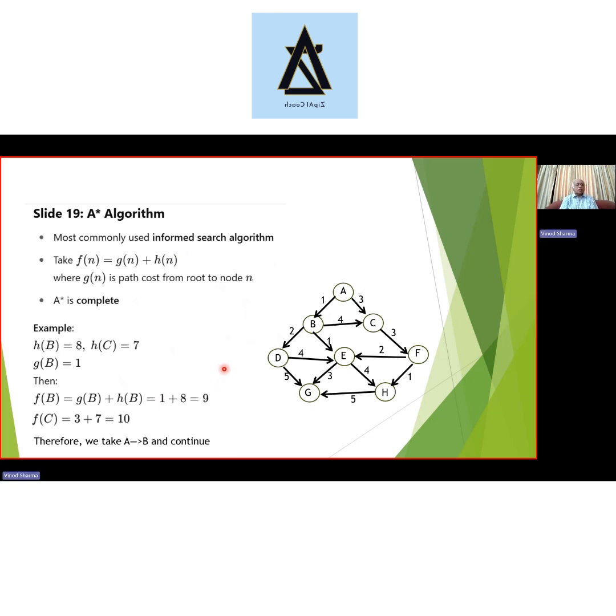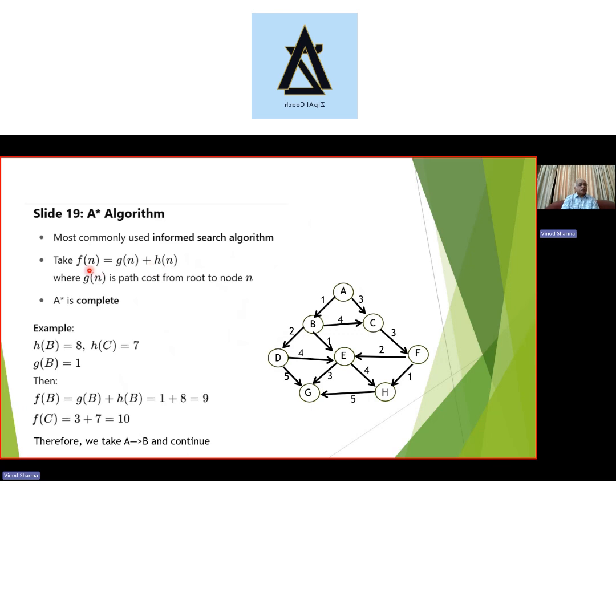Now the A star algorithm, and this is a very well-known algorithm. It works in general pretty well. In this case, again, for each node n, there is an estimate of cost from n to the goal node that we are calling h(n).